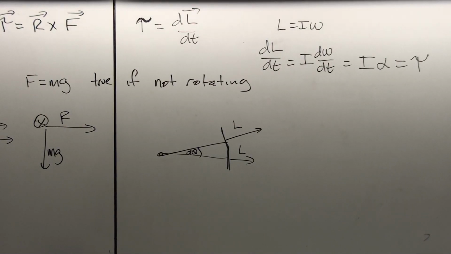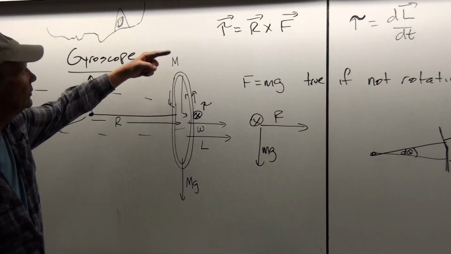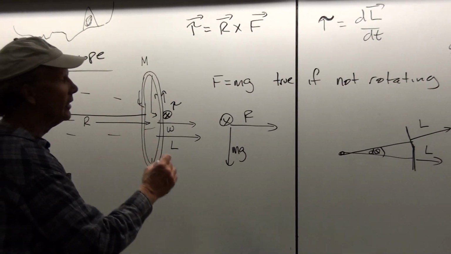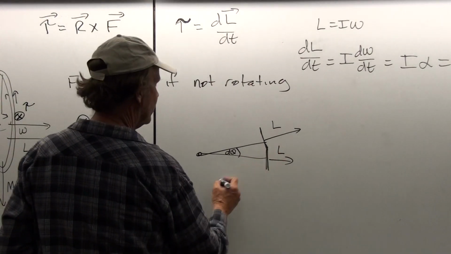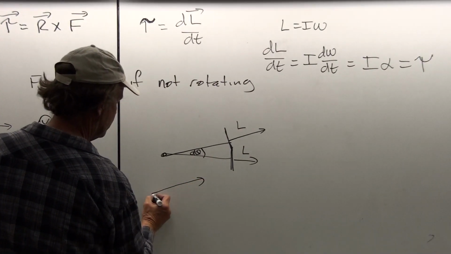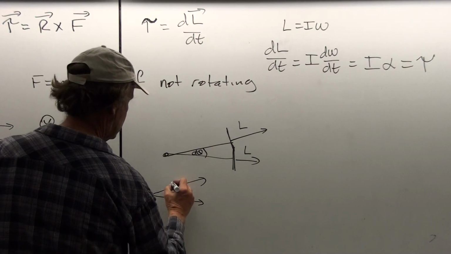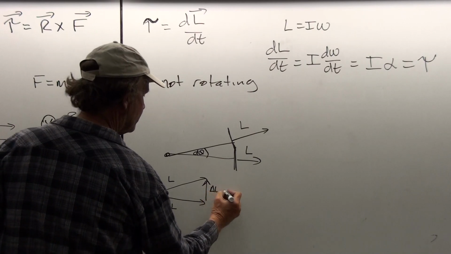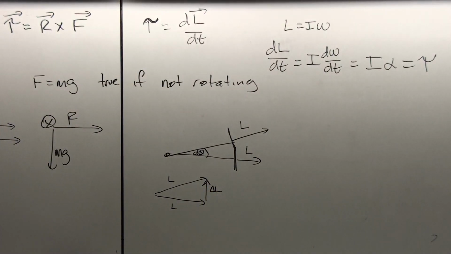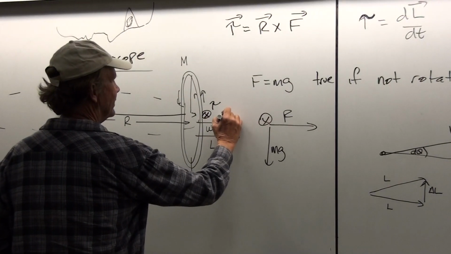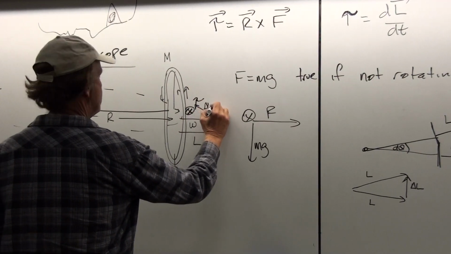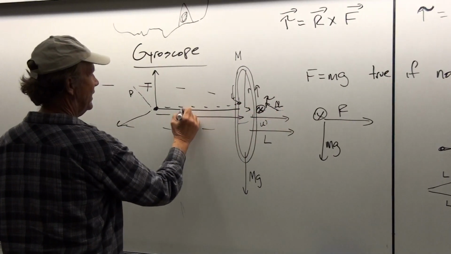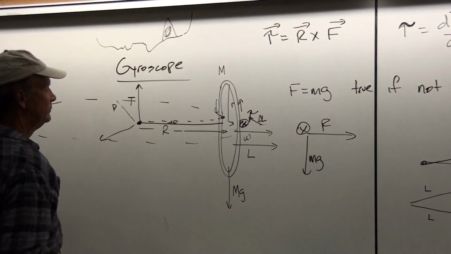Okay, so the fact that we have angular momentum in the rotating disk is manifesting itself by a torque which is going to happen in the direction of changing angular momentum. So if this is L initial, and this is L final, then this must be delta L. So delta L then is in this direction as it goes out to this new position here that is d theta.